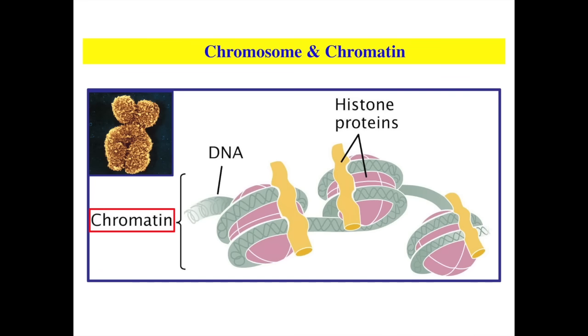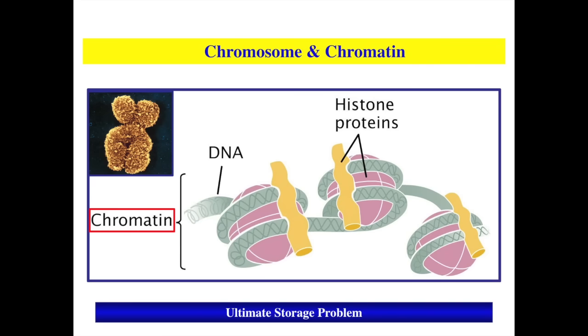I want to talk a little more about how the eukaryotic chromosomes are constructed. So you can see here that the chromatin consists of DNA wrapped around histone proteins. And this helps solve this ultimate storage problem where you have many feet of DNA that you have to compress into a very tiny nucleus.